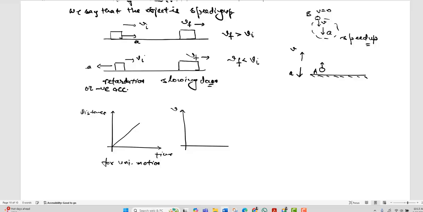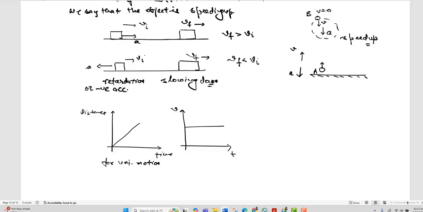If you have uniform velocity, then it would be a straight line. There would be no steepness. So that would be parallel to the time axis, right? It has zero steepness.